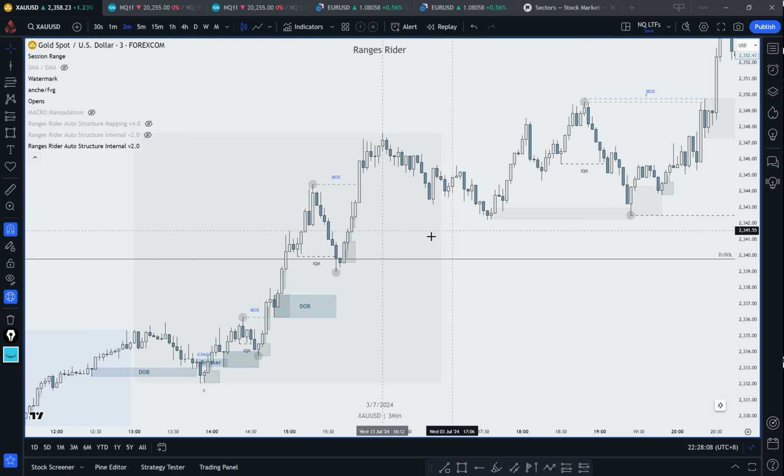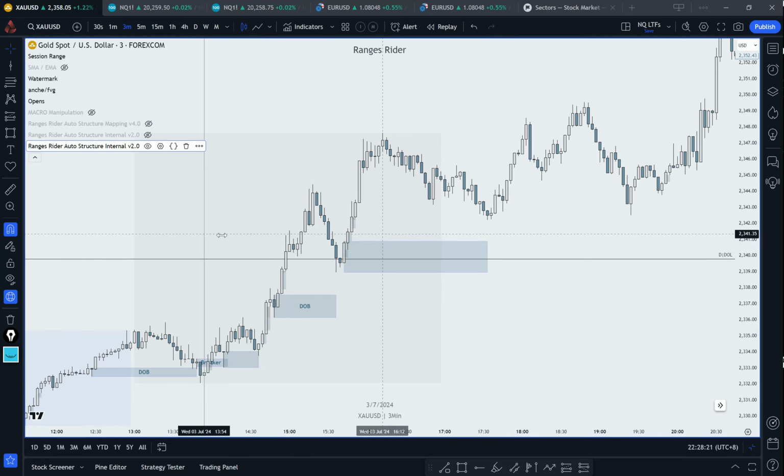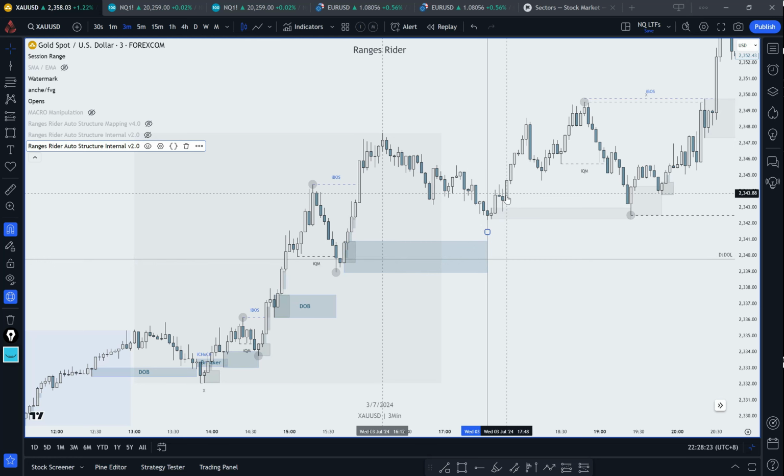And we are not going to buy directly here because I don't see any kind of order block from where we can buy. And we are looking for a confirmation entry from this level. So I will just move this one to here. Why? Because I want to find the 1 minute range, a confirmation entry, so I can buy.